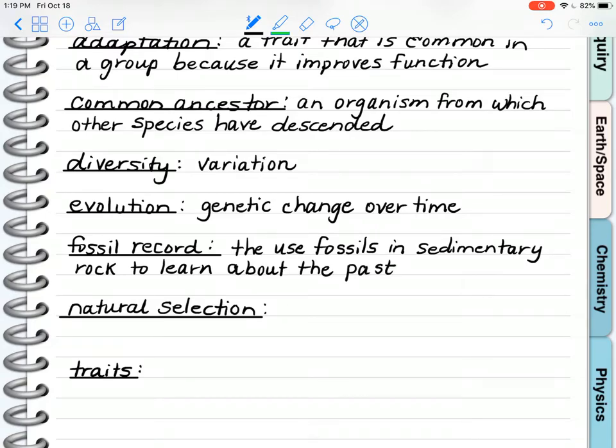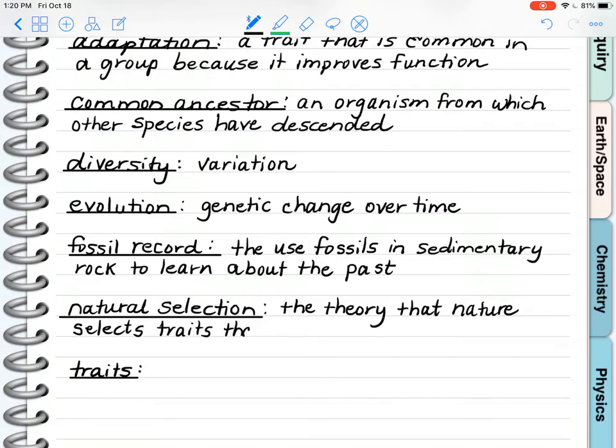Natural selection. This is a theory proposed by Charles Darwin that nature selects traits that are good for the species, like the moth.